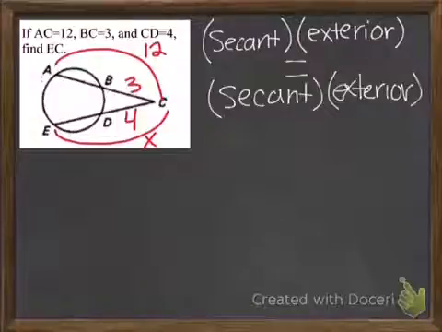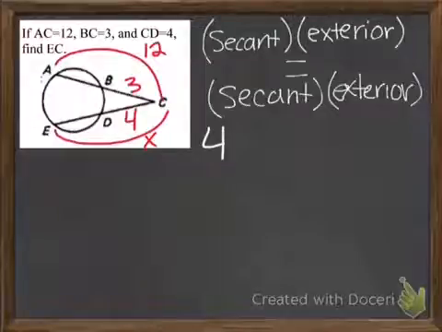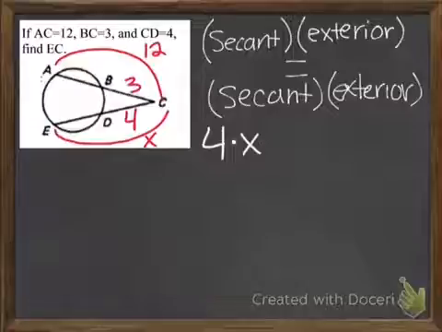Okay, so if that's our theorem, well, we have to identify our secants and our exterior. So we're going to have our first secant times exterior be 4 times x. And it should equal 12 times 3.